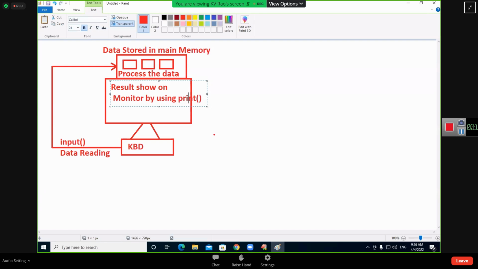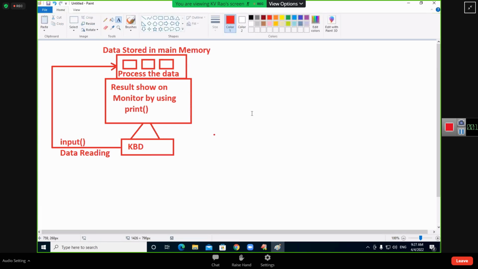So the main memory data is shown onto the monitor by using print functions.